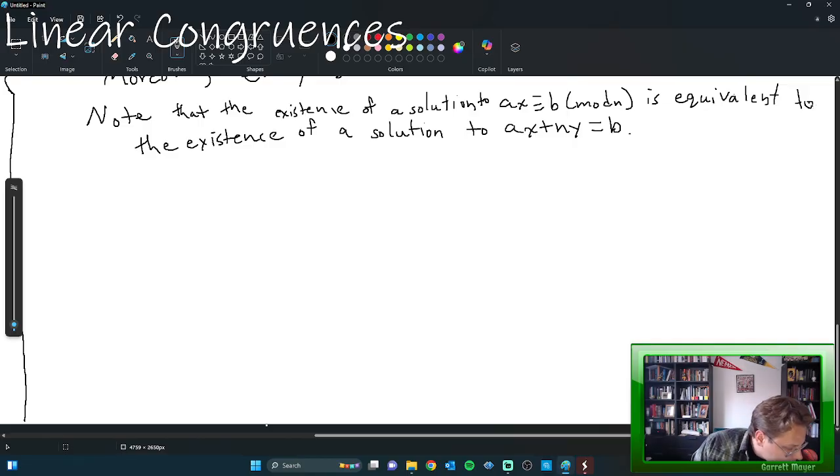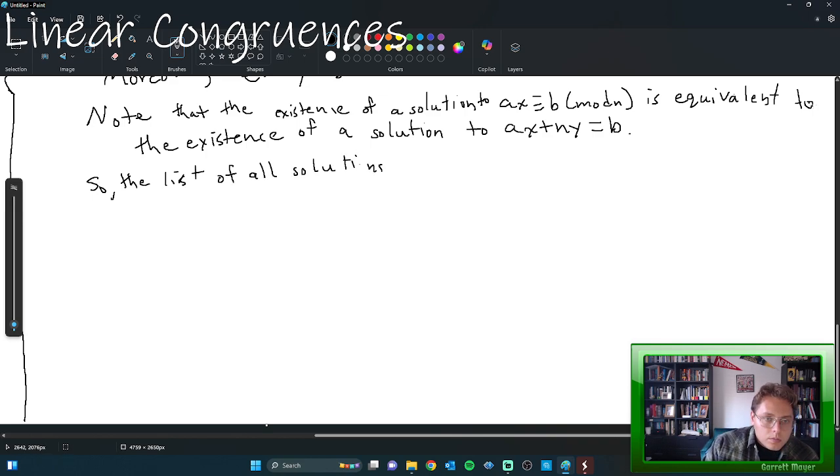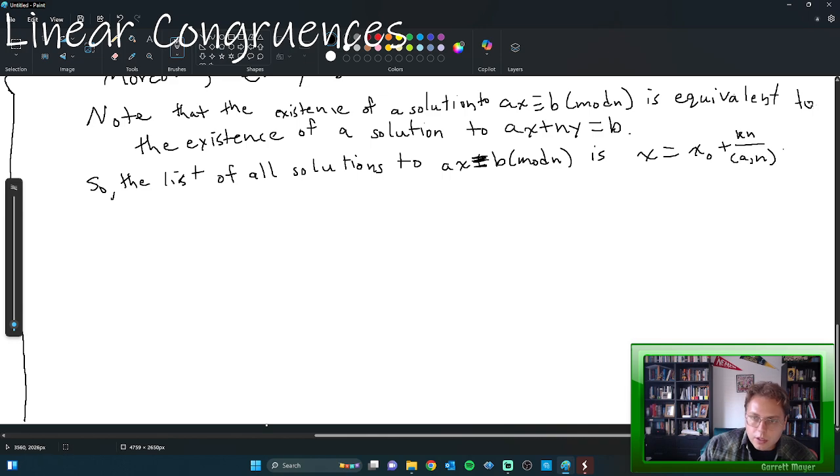Okay. So the list of all solutions to ax is congruent to b mod n is just x equals x naught plus kn over the GCD of a and n.